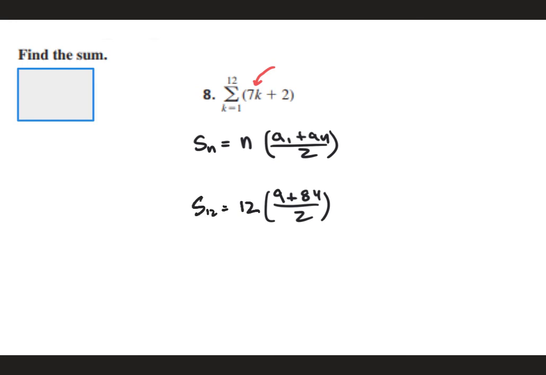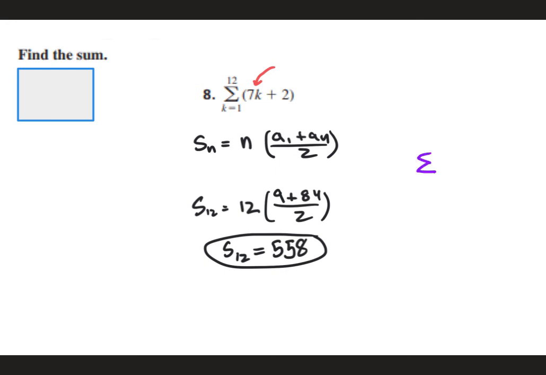We'll say 12 times 93 divided by 2. And we get that the series of these 12 terms all added up is 558.